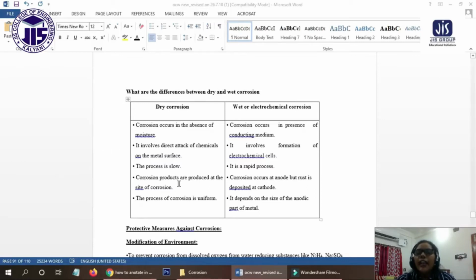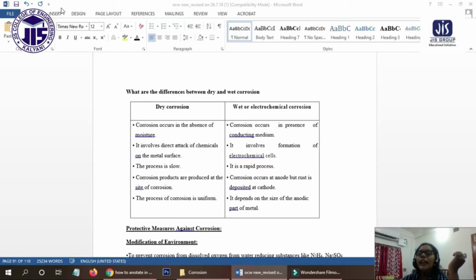In dry corrosion, corrosion products are produced at the site of the corrosion, that means the metal layers that are forming are produced at the site of the corrosion. And for wet corrosion or electrochemical corrosion, what will happen?